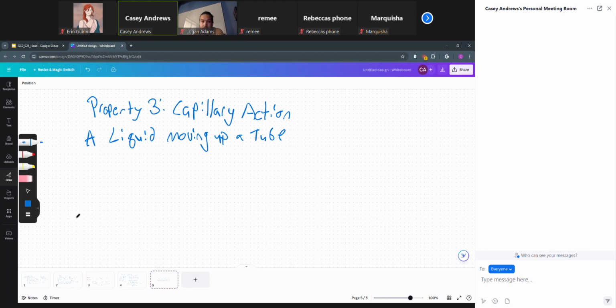So it is simply if I have liquid here and I put a narrow tube in that liquid, what will happen naturally is that liquid will climb up the tube. That is what capillary action is. Liquids going up a tube against gravity.